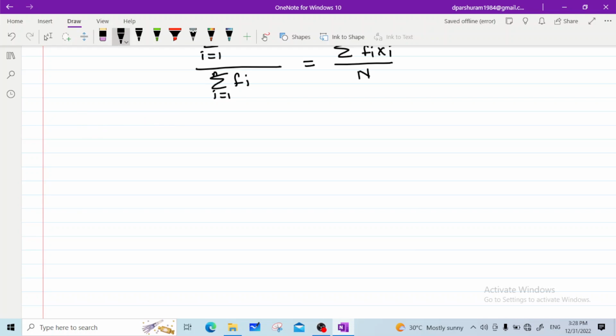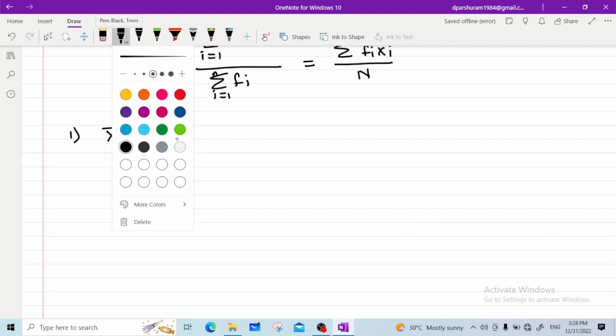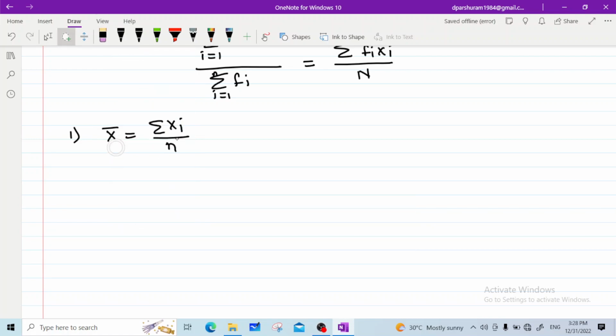That is, from this formula, x bar is equal to summation xi divided by n. When we cross multiply these values, we get summation xi is equal to n x bar.